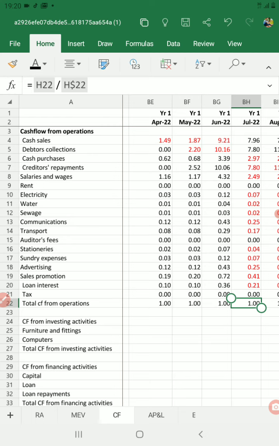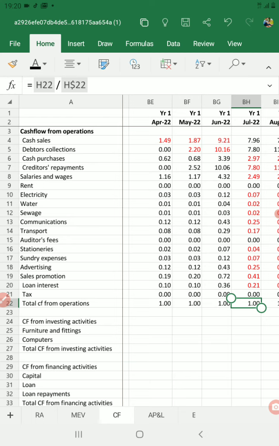So this is the multiple, okay? And for cash purchases, because we have positive cash flows, the negative cash flows here are represented by red. Cash purchases is the transaction that draws out cash, and that's why it is negative. But still, it's a multiple, 2.97 times more than the total cash flow from operations, okay?